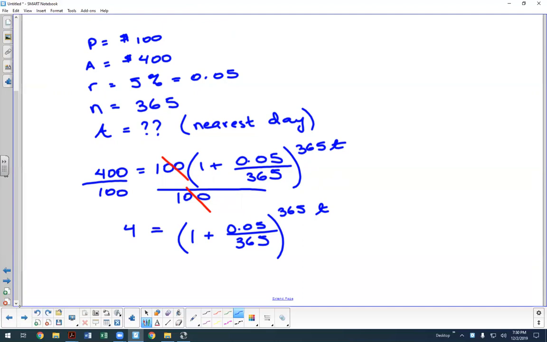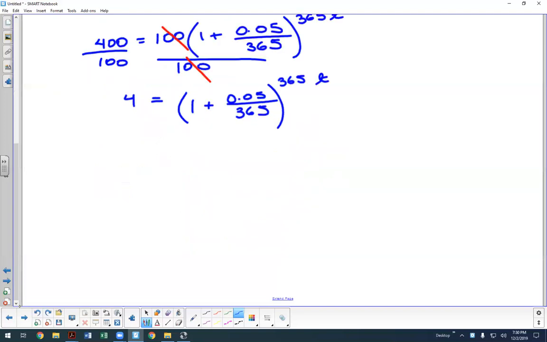Right now, my base is this number, and my t, the unknown value, is in the exponent. So again, this is where our base change formula, or basically logarithms, come into play. You can use log or natural log, doesn't matter, whichever one you want to use. Let's just go with logs for this one.